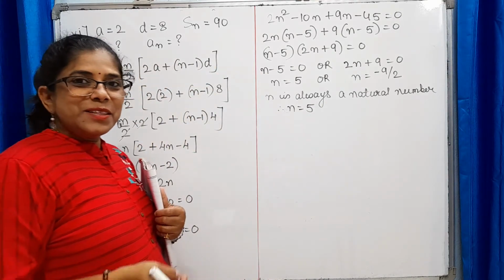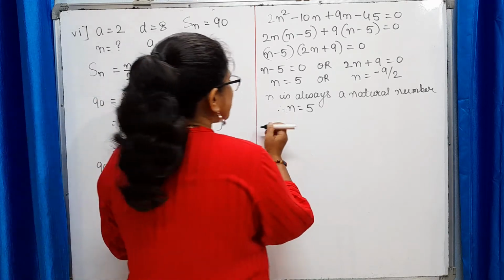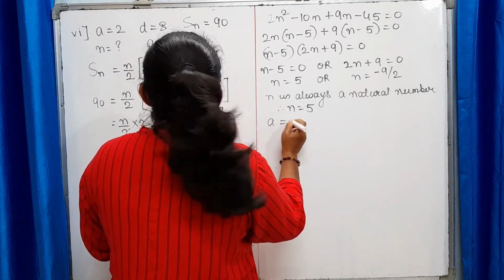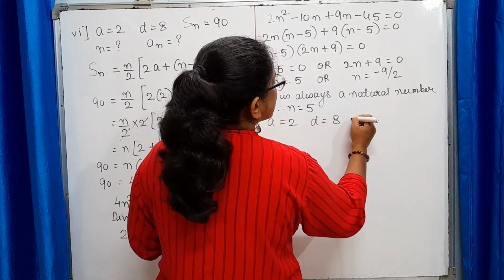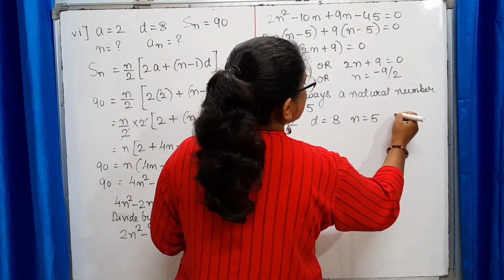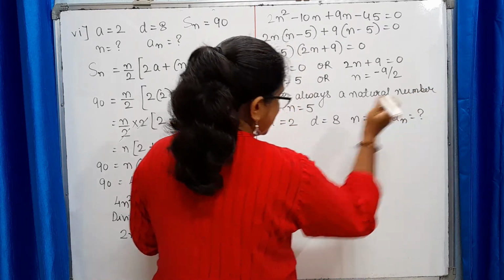Now let's find an by using our simple an formula. We know a is equal to 2, d is equal to 8, n is equal to 5. Now let's find what is an.